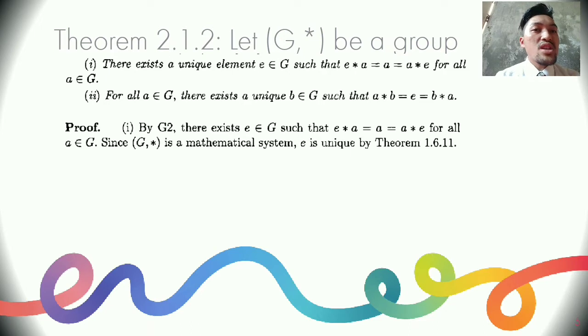The previous teacher discussed this. So we conclude that the unique element e that belongs to G and satisfies G2 is called the identity.